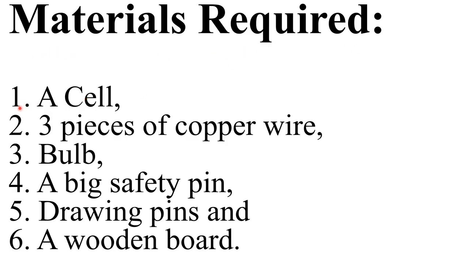Number 1, a cell. Number 2, 3 pieces of copper wire. Number 3, a bulb. Number 4, a big safety pin. Number 5, drawing pins. And number 6, a wooden board.